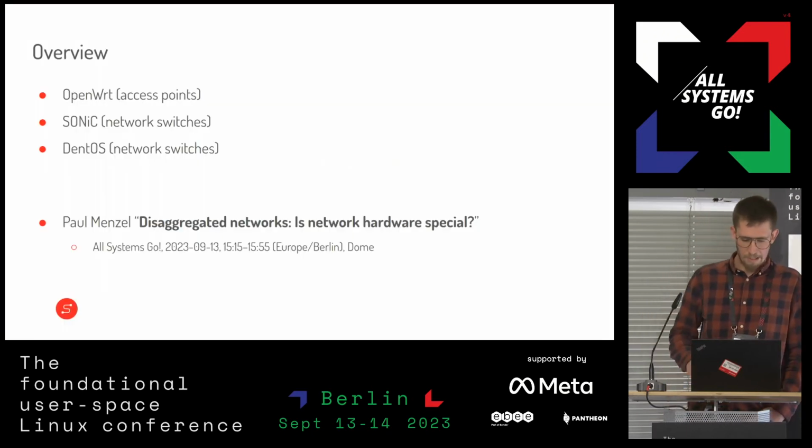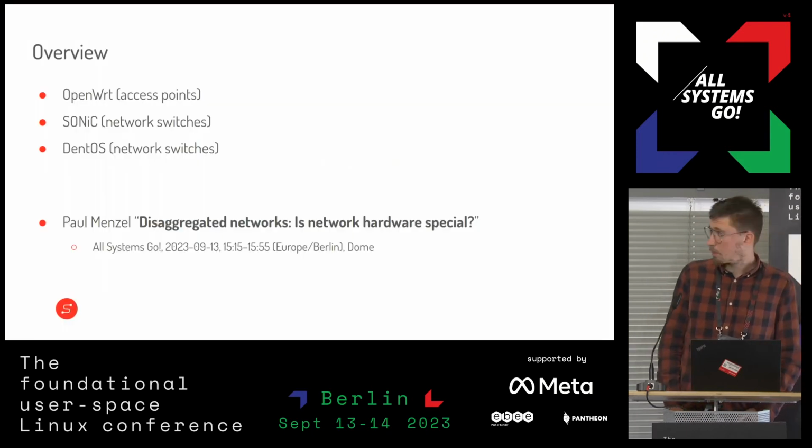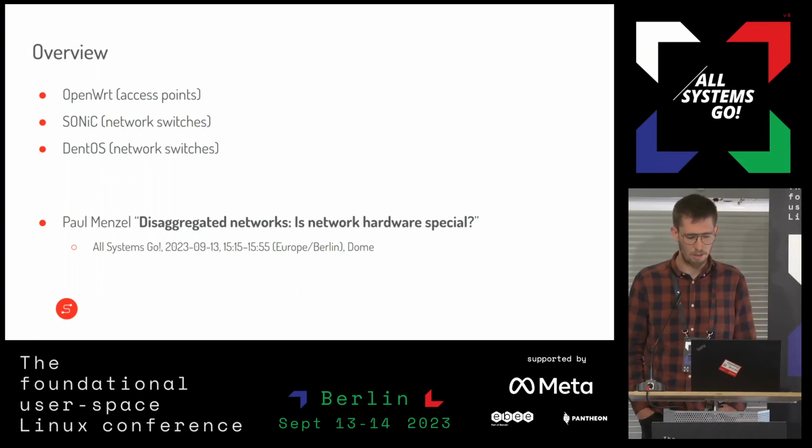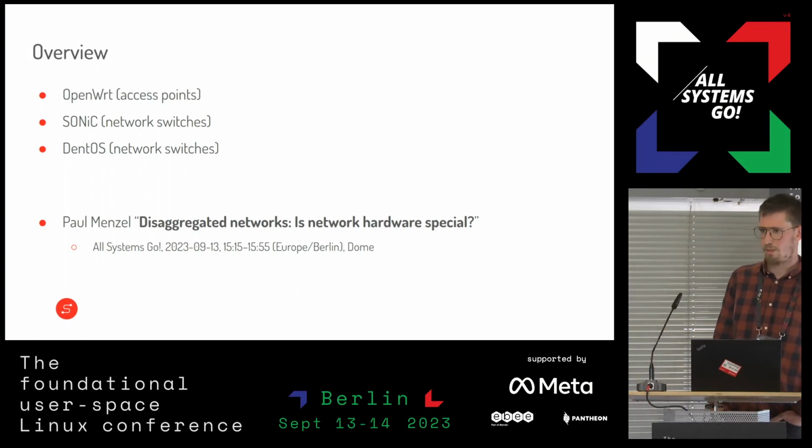There are some existing open operating systems that target this kind of hardware, so networking. OpenWRT is a long-running distribution for CPE devices, so access points, routers. We also have some relatively new work and initiatives in the network switching domain, like SONiC and DENT OS.